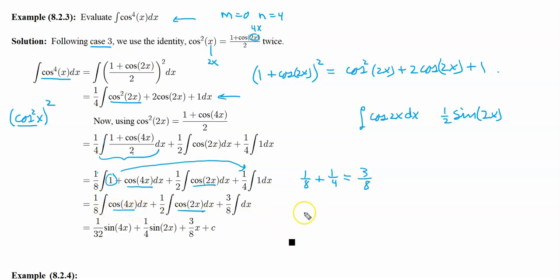The antiderivative of cosine 4x is going to be the sine of 4x. But you have to keep in mind, if I were to differentiate this, I would pick up an extra 4, so we need to divide by 4. When we multiply by 1/8, we get 1/8 times 1/4, which gives us 1 over 32 sine 4x. This is this piece right here.